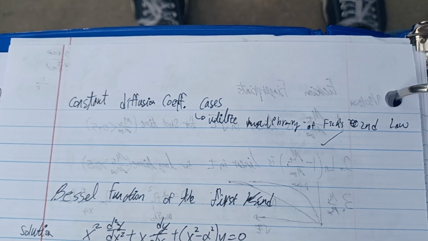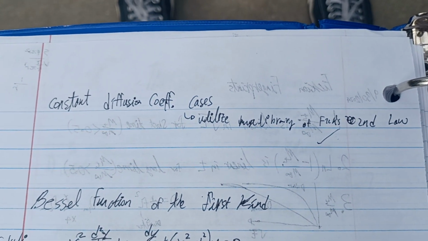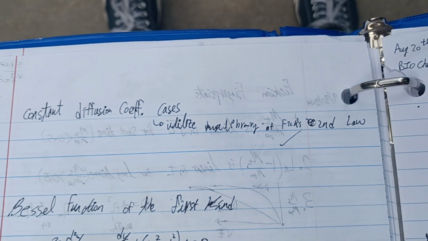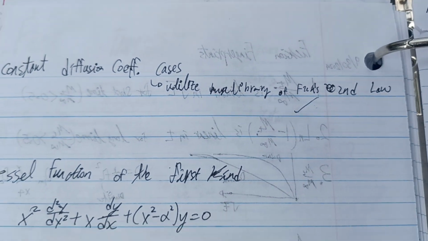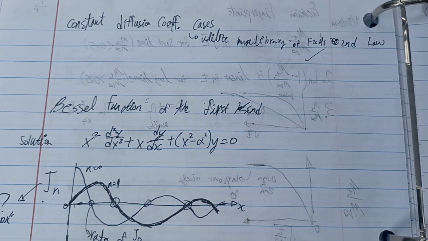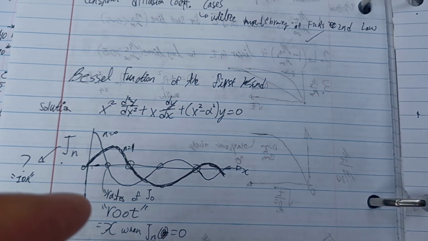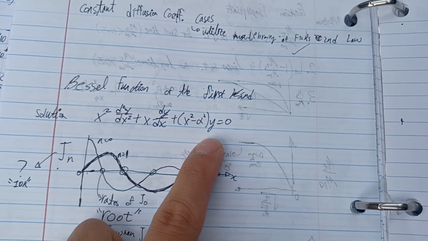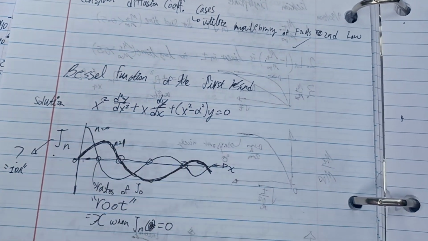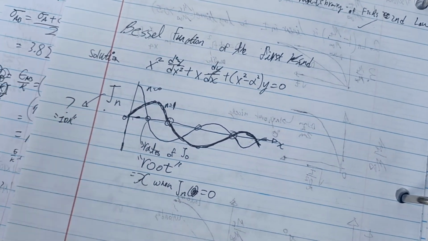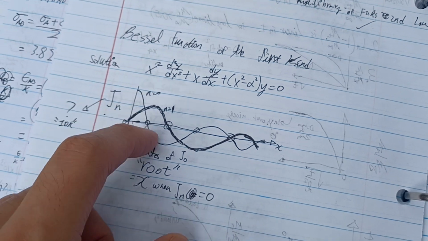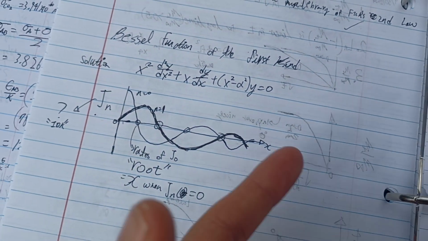And sometimes to solve problems, we use the constant diffusion coefficient cases, which utilize Fick's second law as usual. And there's a thing called the Bessel function of the first kind, whose solution is this, which was solved by Bernoulli, and this shows when n is equal to 0, and this is n equal to 1, and so forth.